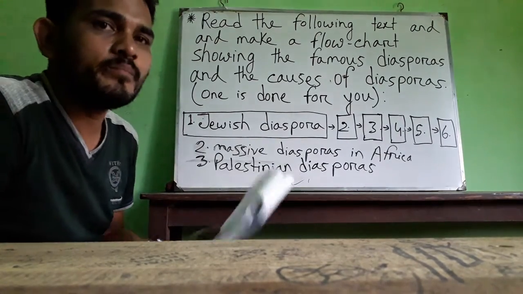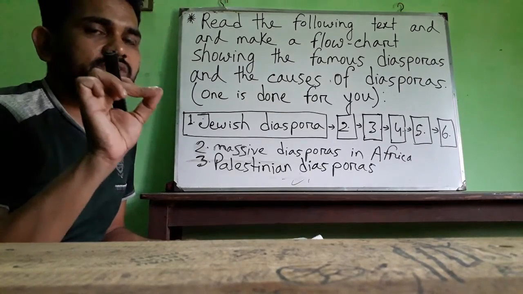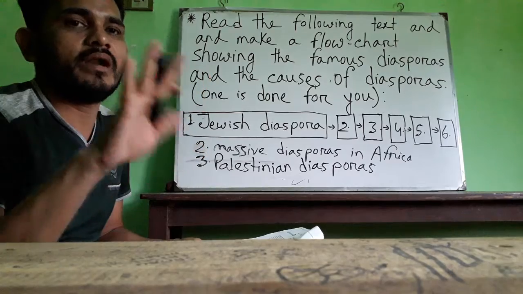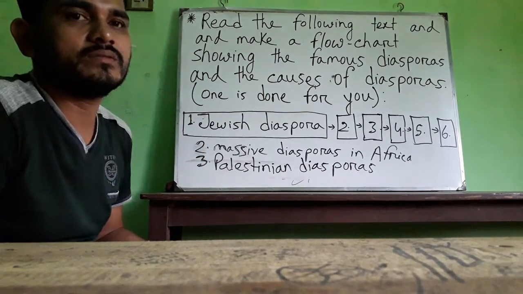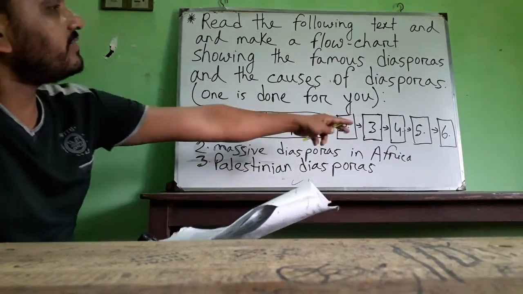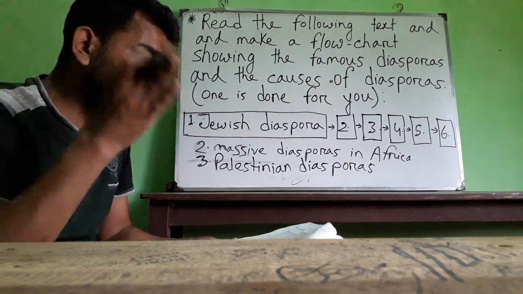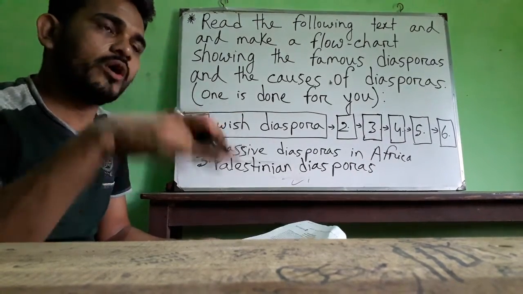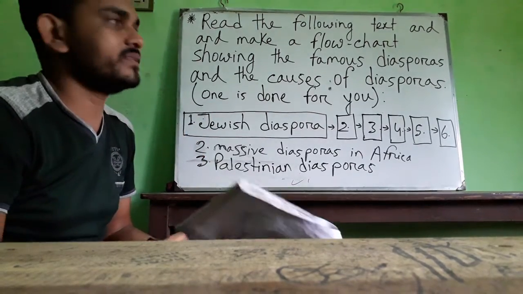Here we know that people are forced to leave their country and become a diaspora. So now we may write for box number 4, being forced to leave their homelands.